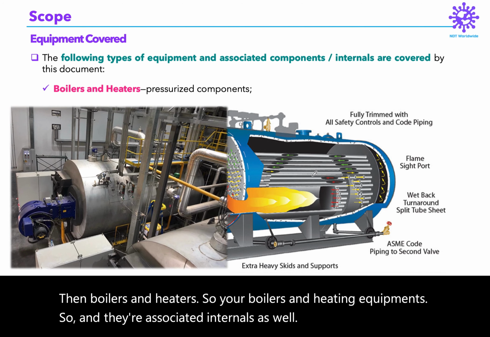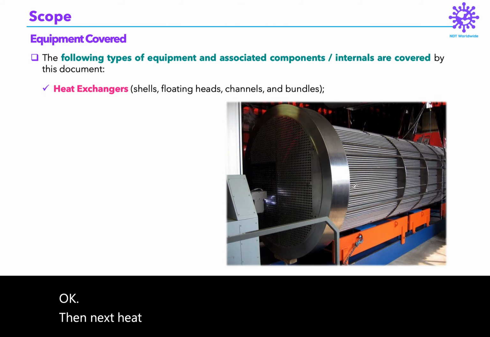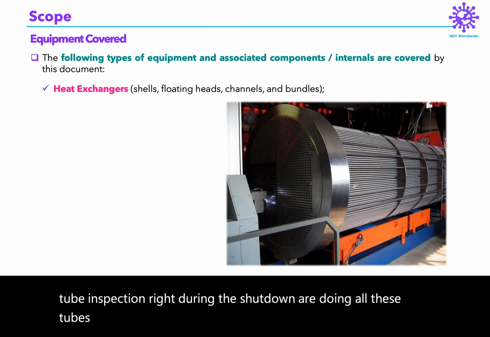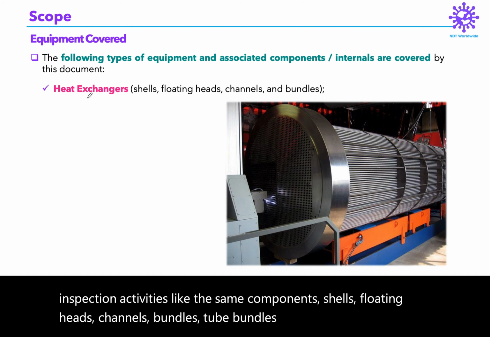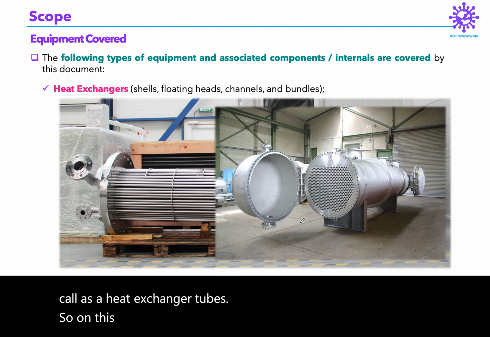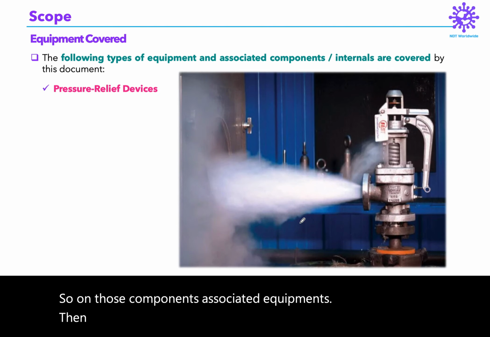Then next, heat exchangers. Most of the time we are doing tube inspection during the shutdown, with the same components: shells, floating heads, channels, tube bundles, which we commonly call heat exchanger tubes. All those components and associated equipments. Then PRDs, pressure relieving devices.